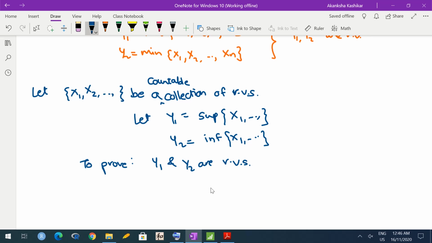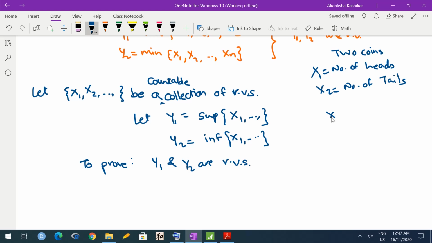I hope you have noticed that when I am taking minimum or maximum, I have to fix omega and then take the minimum or maximum. Just to give you a feel, let me give you an example. Suppose I am tossing 2 coins. That is my experiment. X1 is defined as the number of heads and X2 is defined as the number of tails.